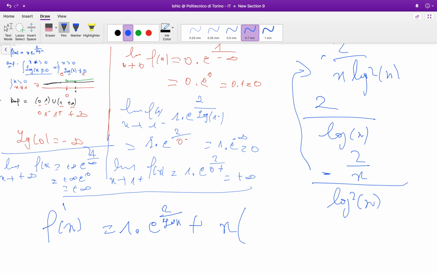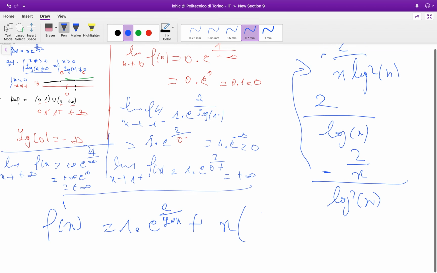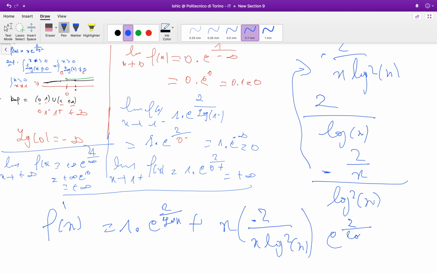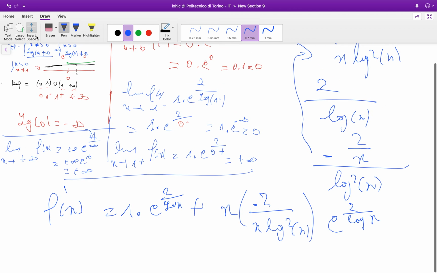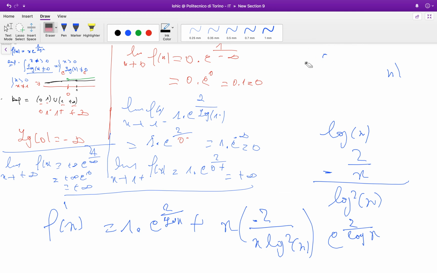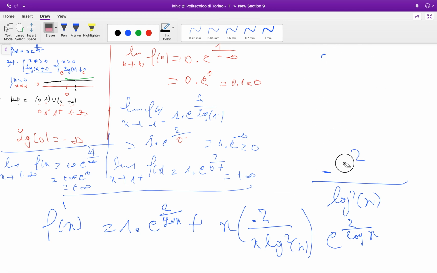Okay, so coming back here, we write it like minus 2 over x log square of x, all multiplied by exponential of 2 over log of x. Is all clear? Are you hearing? Okay. Nice.